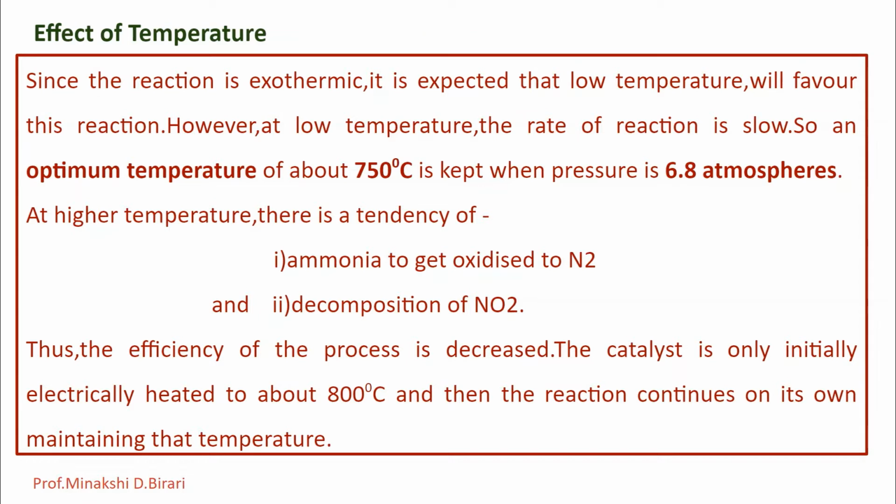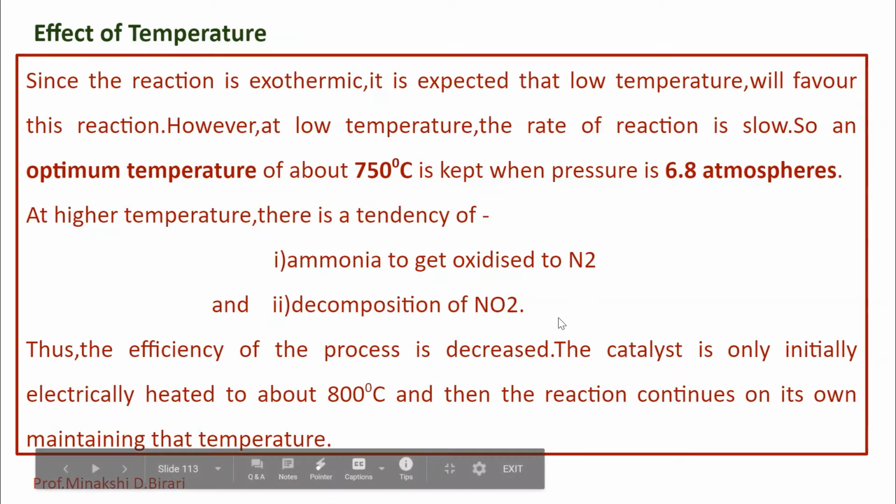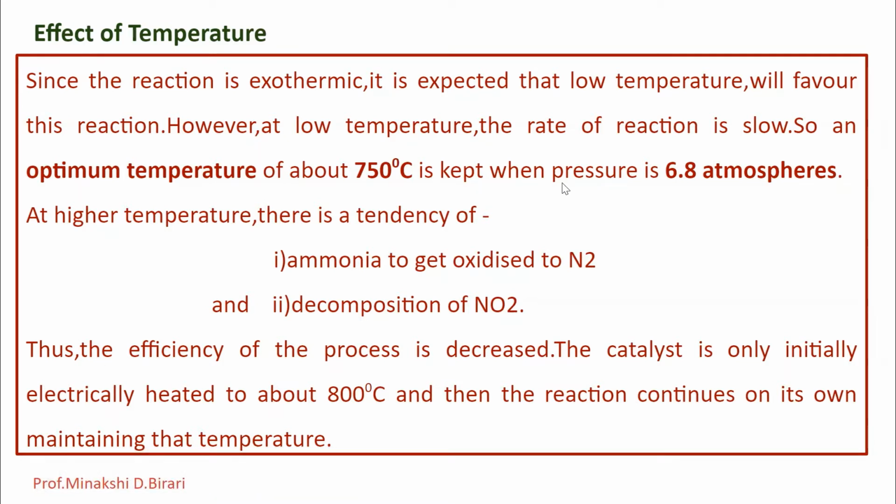In actual practice, the optimum temperature of about 750 degrees Celsius is used at a pressure of 100 psi or when the pressure is 6.8 atmospheres, and platinum rhodium catalyst or the wire gauze is electrically heated to 750 degrees Celsius to start the reaction.